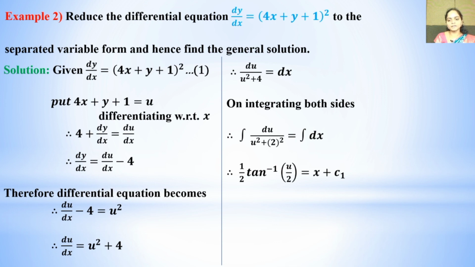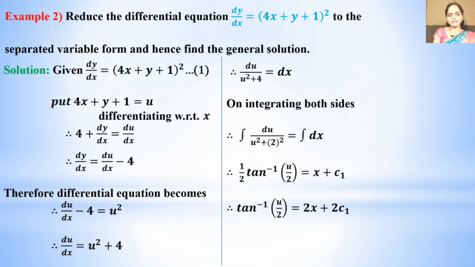On multiplying both sides by 2, we get tan inverse of u divided by 2 is equal to 2x plus 2c1. We know that 2 is a constant, c1 is a constant, therefore 2c1 is again a constant.